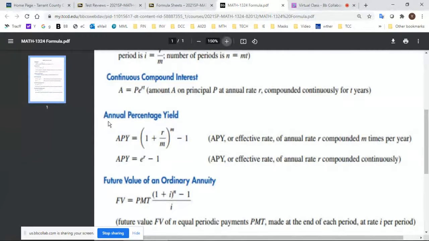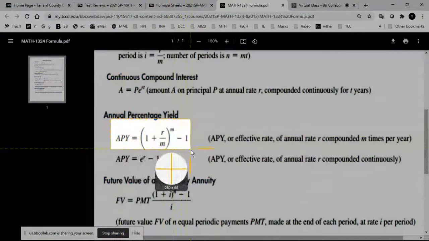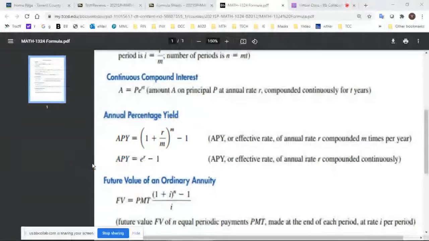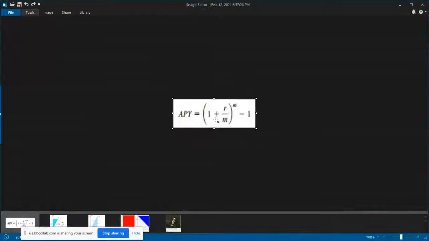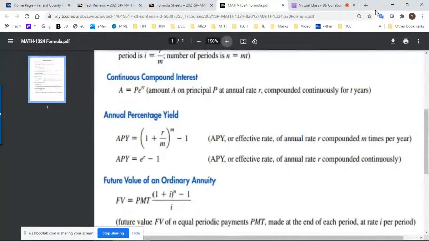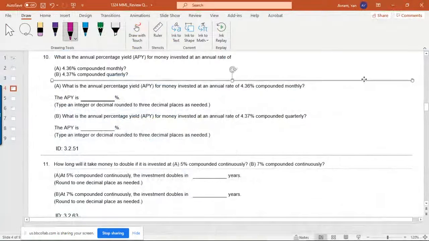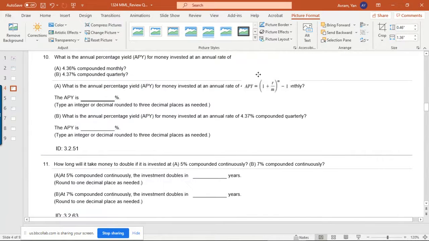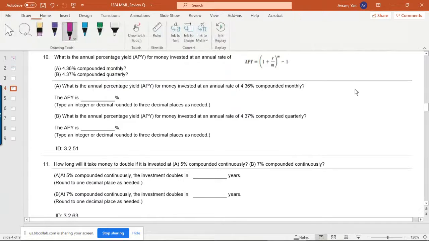Okay, I'm going to go ahead and copy this one down. All right, so that is the APY formula in here.